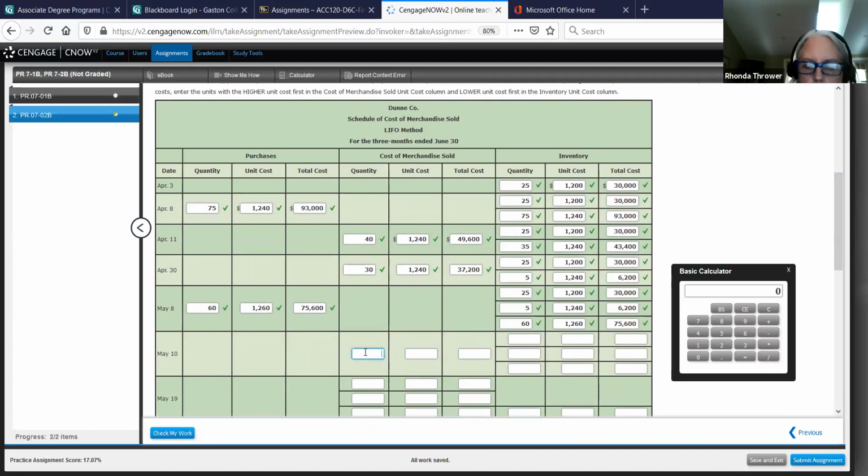So 50 units would be taken from the 1,260 unit cost, and then we would multiply 50 times 1,260, and that will give us 63,000.